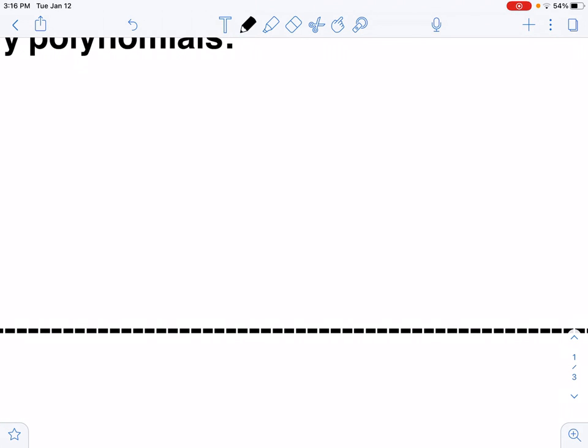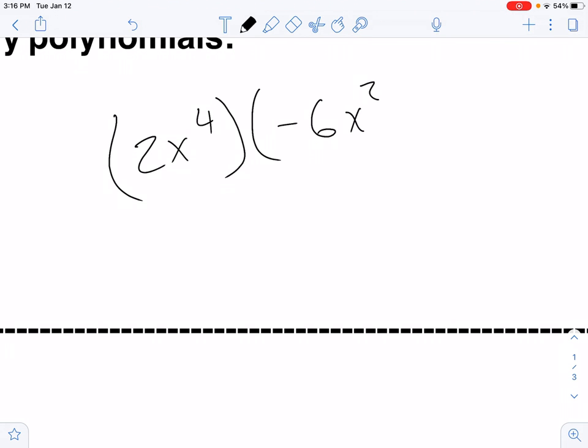So when we're multiplying, our base numbers multiply. So if I had like 2x to the 4th, and I multiplied that term with negative 6x to the 2nd. Okay, a little reminder from last semester, we're going to multiply up our base numbers and follow our sign rules.